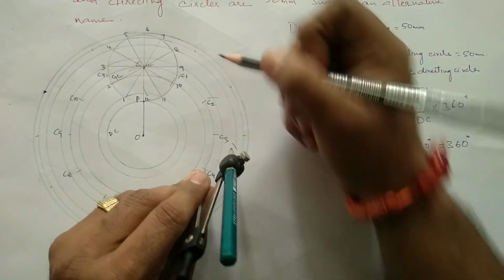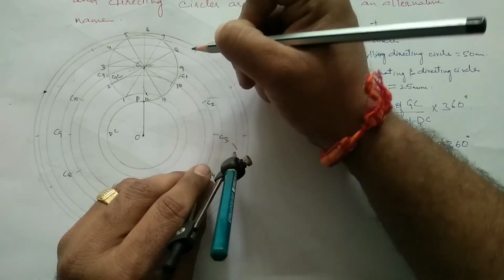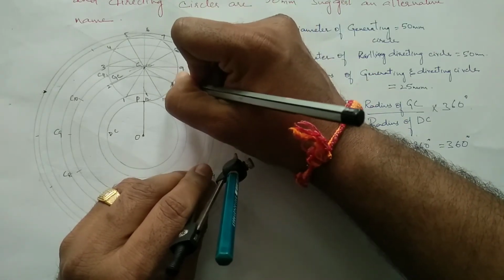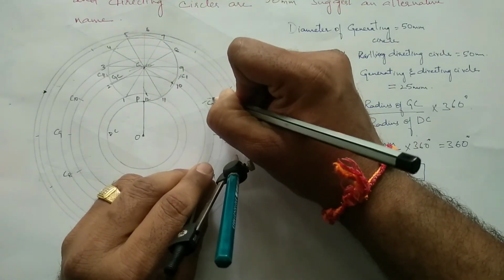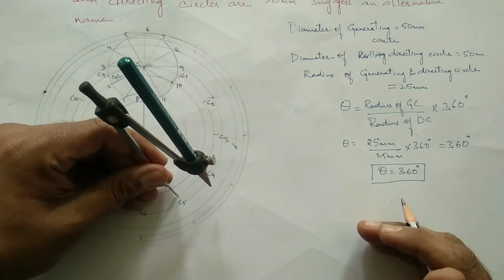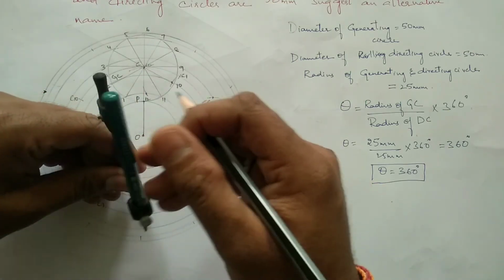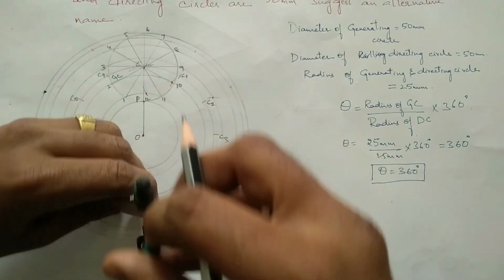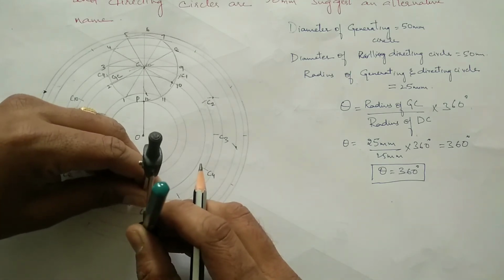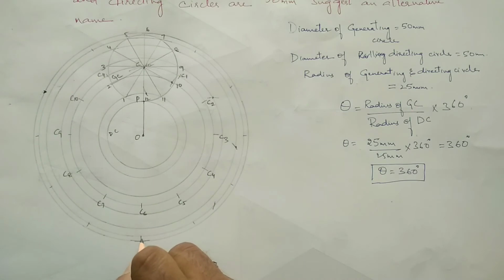Simultaneously, to avoid confusion, mark the necessary points so that they can be easily identified. Next, C5 as a center, fifth arc, and C6 as a center, sixth arc.